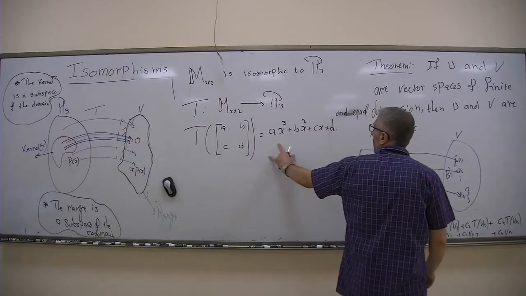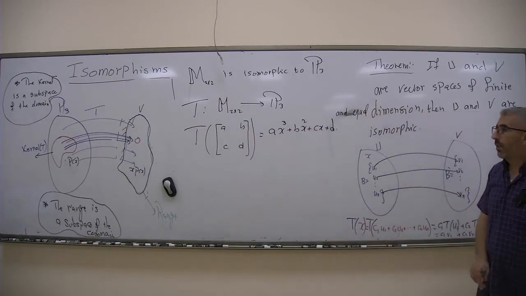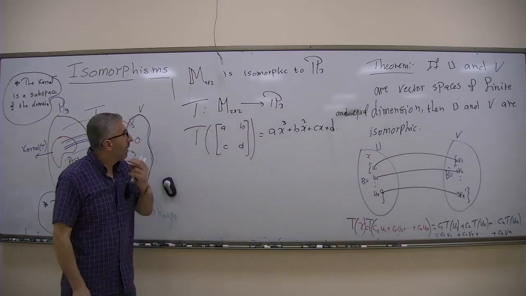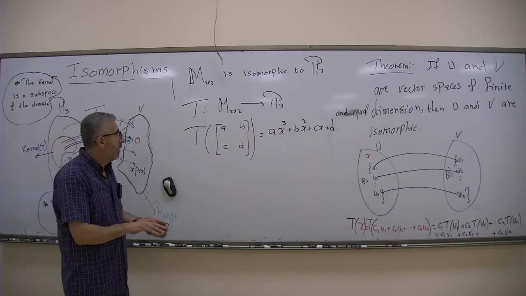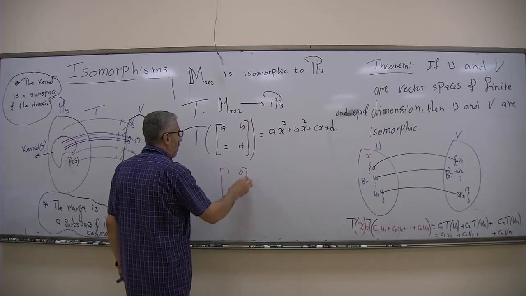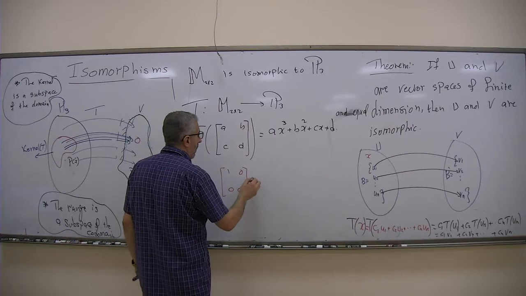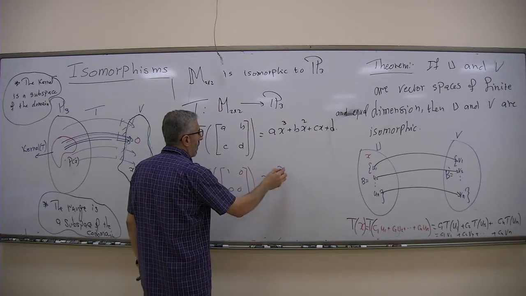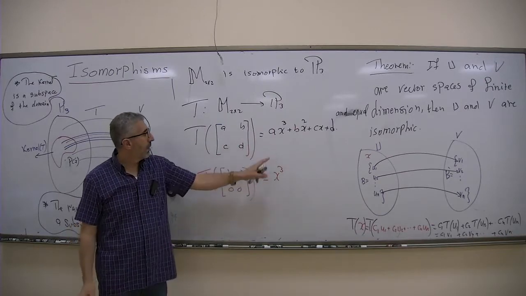If you think about what you have here, we are relating this 1, 0, 0, 0 with x cubed, T of this is this. Correct?